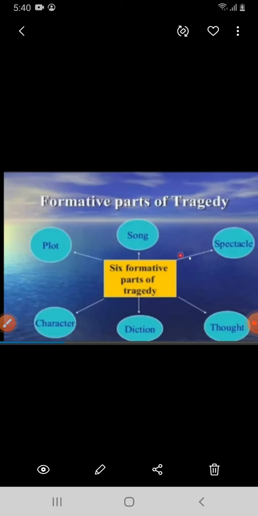If we go back once again to the theory of imitation presented by Aristotle, we can easily see that in that theory he has talked about the object of imitation, that is, what is the object of imitation in literature, especially in tragedy, and what is the mode of imitation in tragedy or in literature, and then what is the medium of imitation in literature.